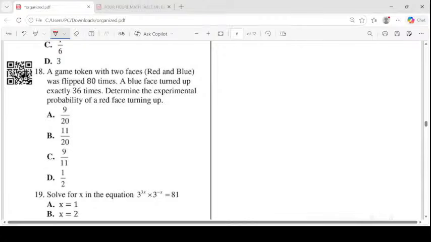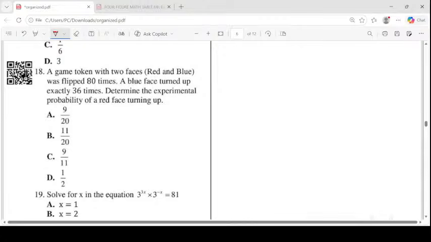Now, first we have to understand what experimental probability is. Experimental probability is the probability of an event occurring based on the results of an experiment. And how do we normally calculate experimental probability? We take the number of times the event occurred over the total number of trials or attempts.